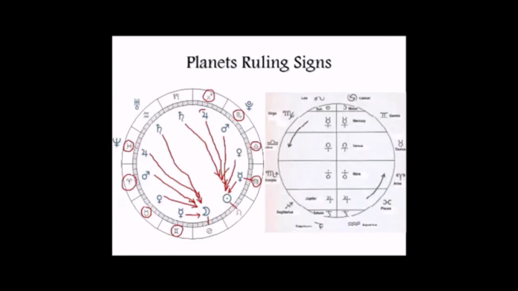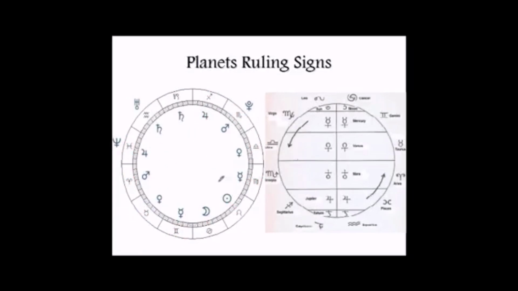What also happens here in this traditional scheme is that Saturn is always opposite the lights, the sun and moon. You know, Saturn represents what is dark and cold.